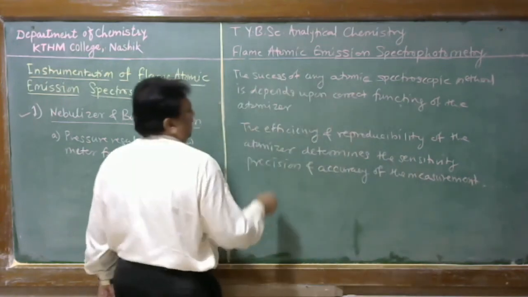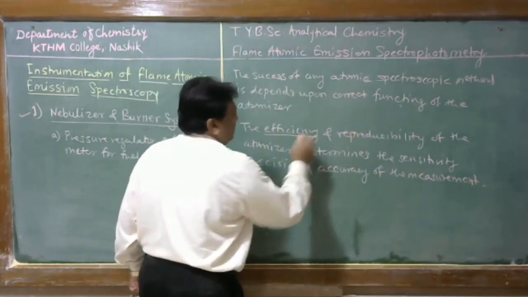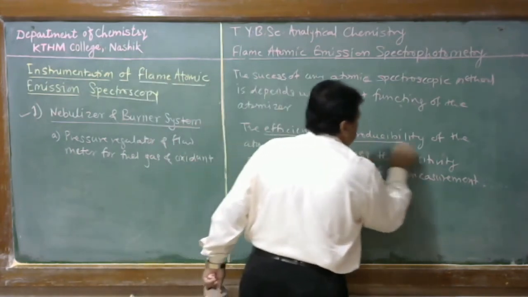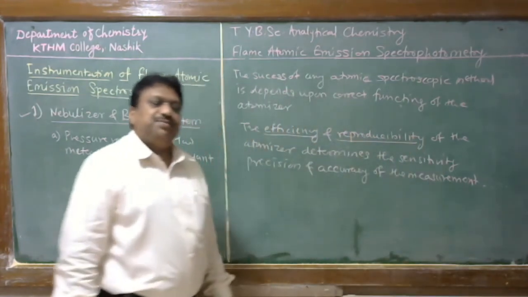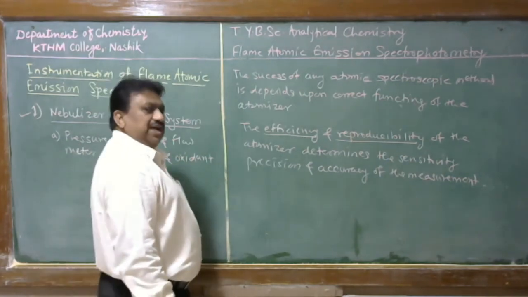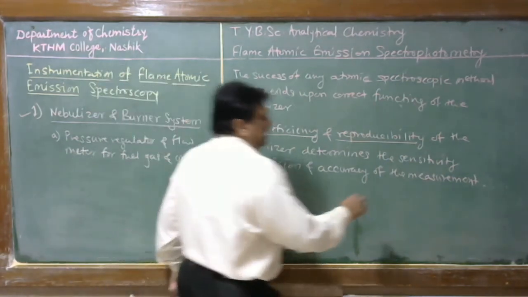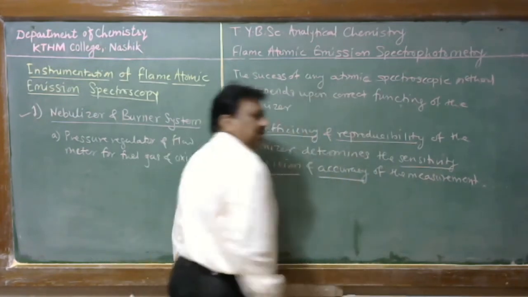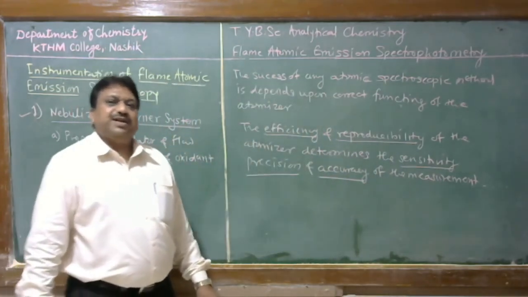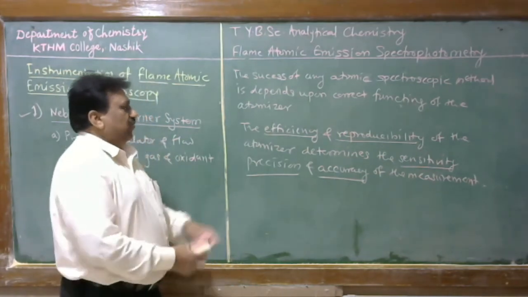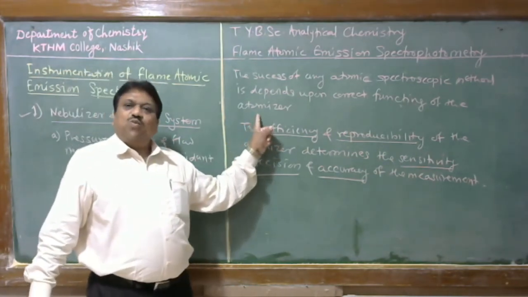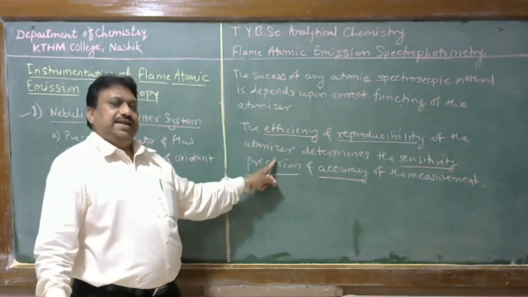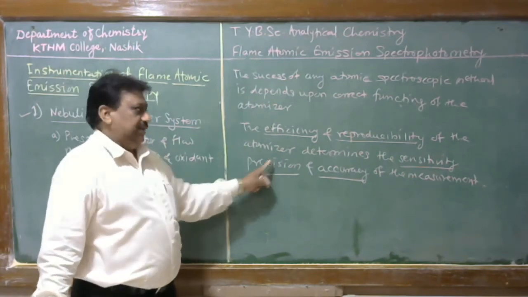How efficiently the atomizer works, and how reproducible a flame or constant burning flame it produces, determines the sensitivity as well as the precision and accuracy of any atomic spectroscopic measurement. Therefore, the atomizer is the most important component in a flame or atomic spectroscopic method.